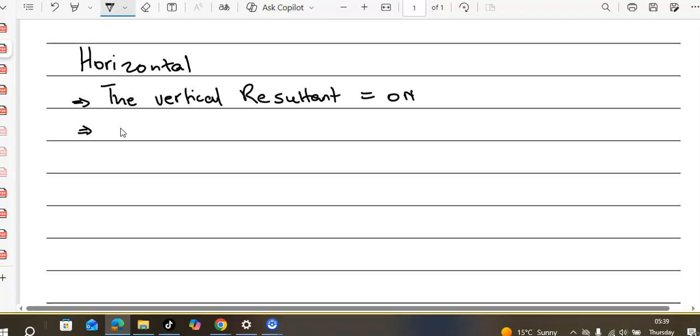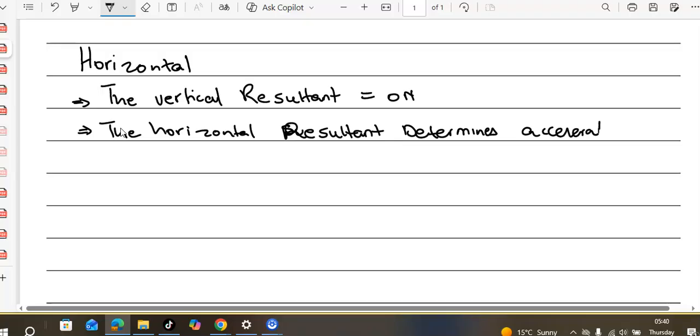So now we're going to use the horizontal resultant. The horizontal resultant will be the one that determines the acceleration. This is very important, okay?